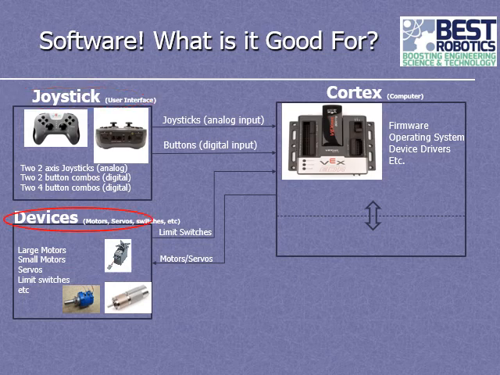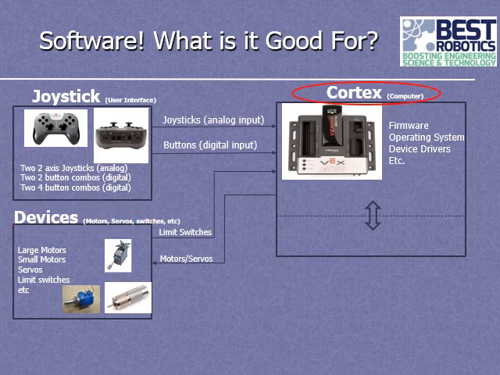And then you have devices that are also hooked to the Cortex. These devices, the obvious ones are the motors and the servos. You also have sensors that can be on here, so there's information going from the device to the Cortex, and the Cortex also sends information back to the device, certain ones of these devices.